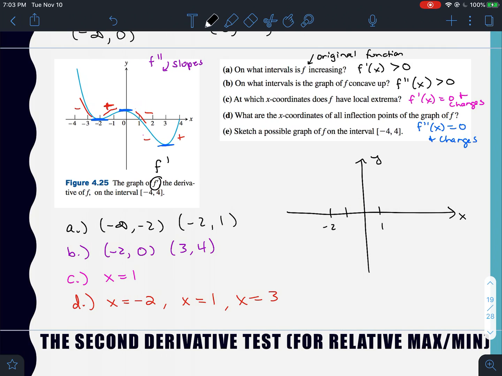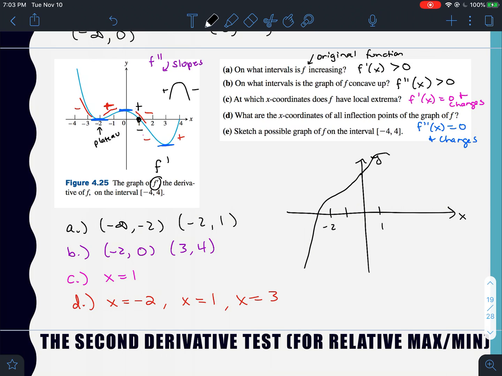We know it's climbing between -infinity and -2 and between -2 and +1, so it's climbing that whole time. But at -2, we know it's going to hit a plateau point because the derivative went from positive to positive. So if we drew this, it kind of plateaus out, and then it continues increasing to 1. And then at 1, notice the derivative was 0 and it changed from positive to negative.